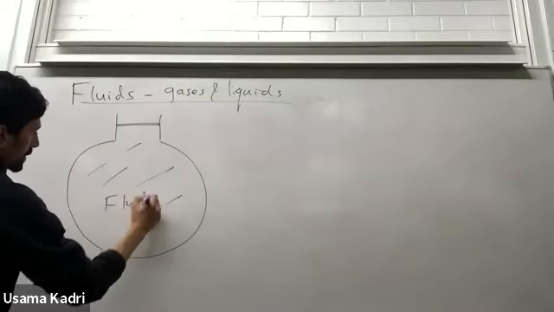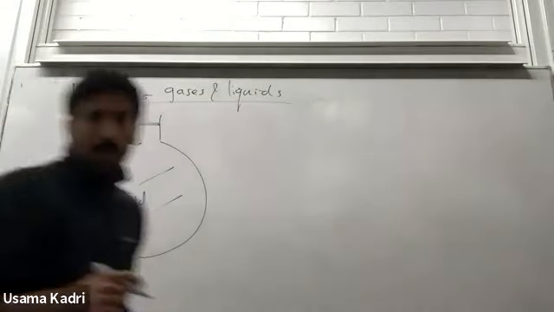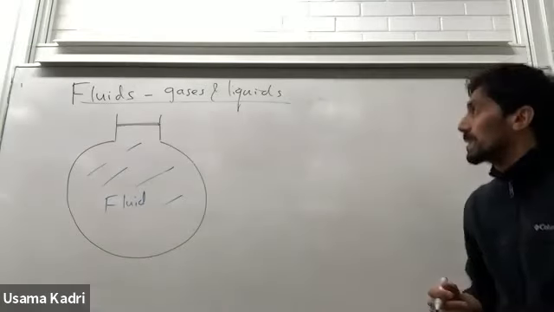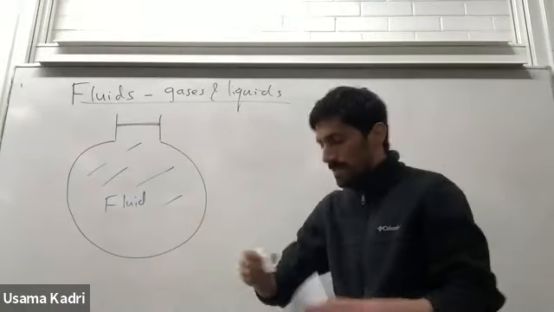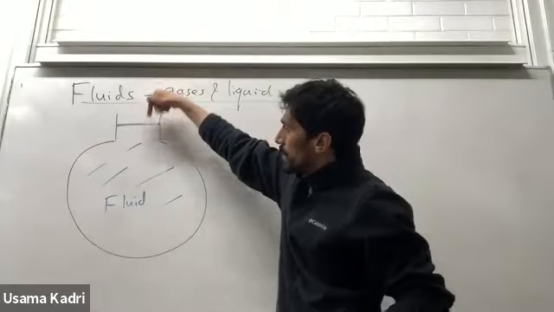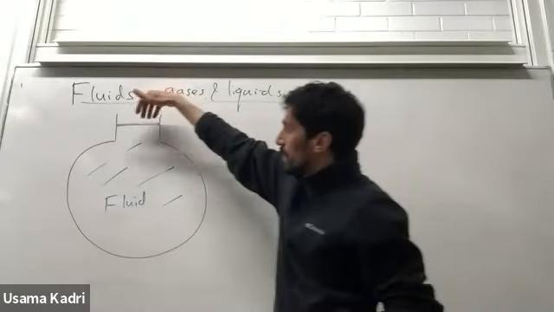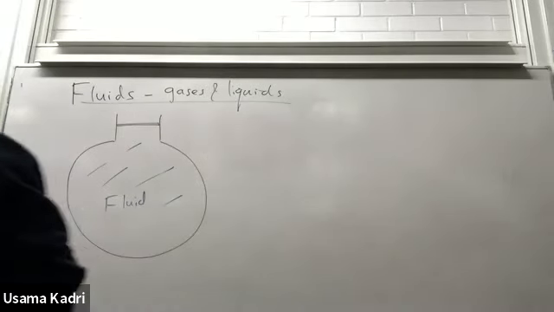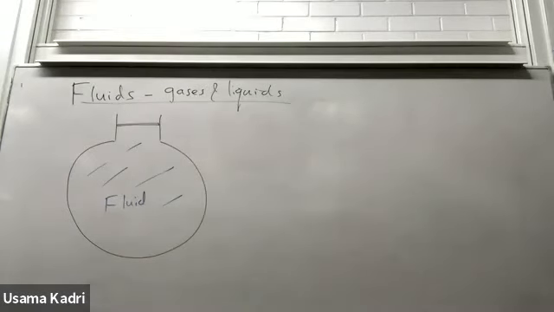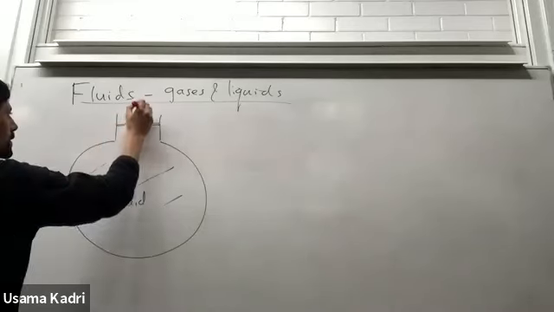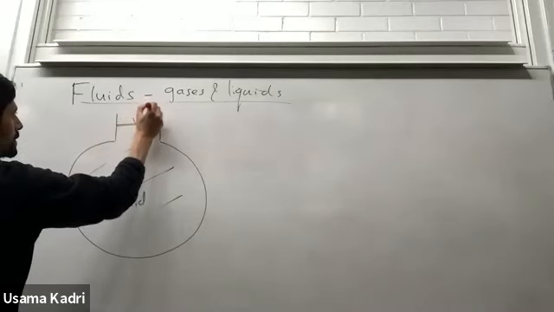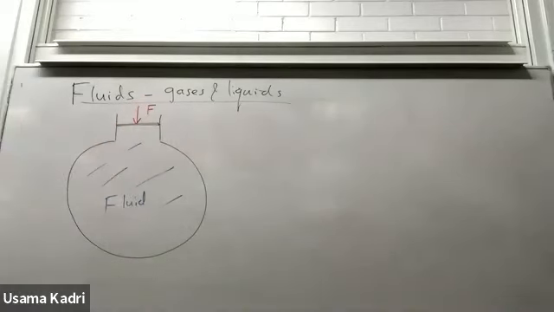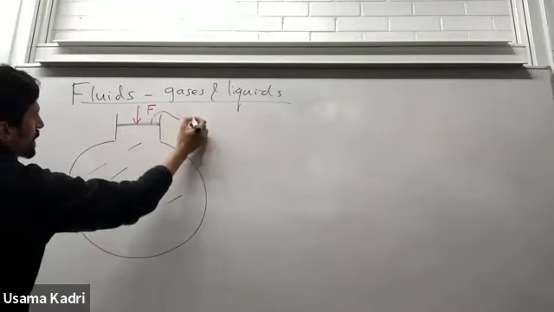It can be gas or liquid. So there's a fluid inside, and we apply force at the top here of the container, so we can try and compress the fluid. So I apply a force here, F. The surface area here is A.